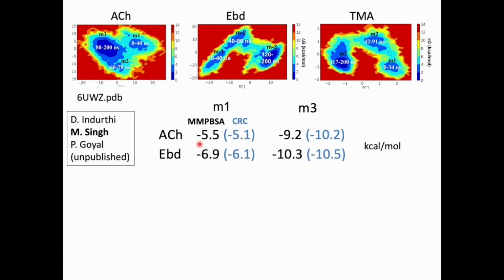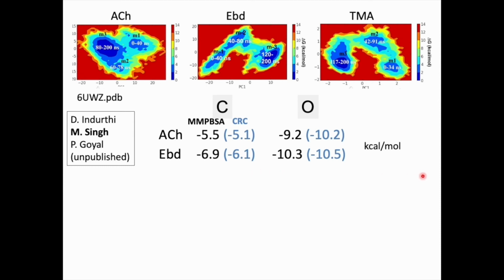We found a general correlation between the M1 binding energy, shown in black, and the low affinity binding energy, shown in blue, from dose response curves. And there was a correlation in the M3 binding energy with a high affinity open state binding energy for the two agonists. So based on that, we assigned the M1 population as the C binding site and the M3 population as the O binding site.